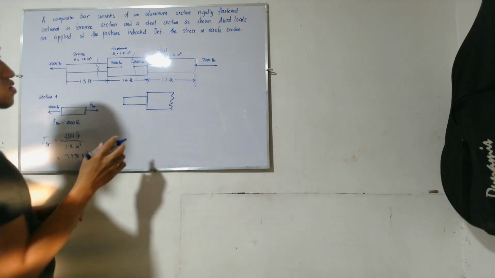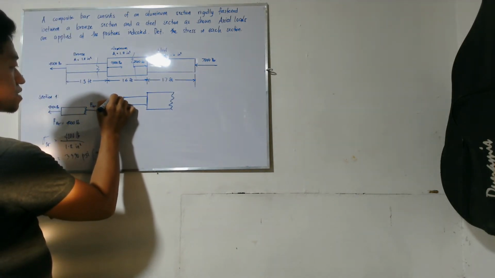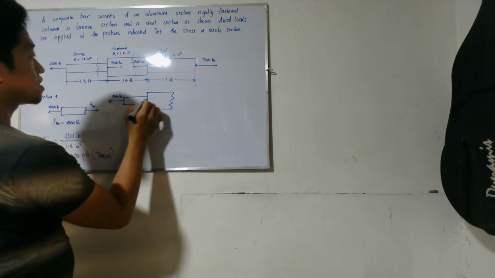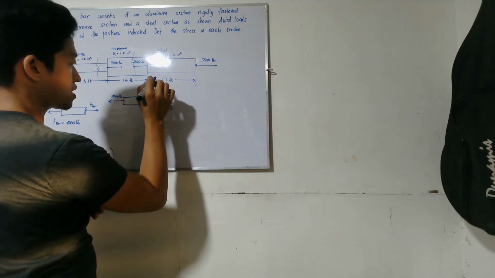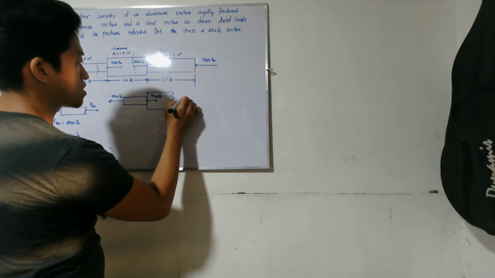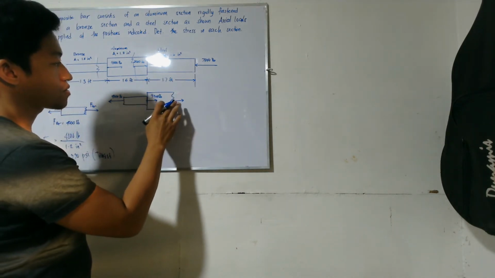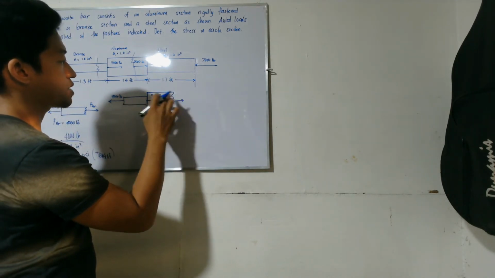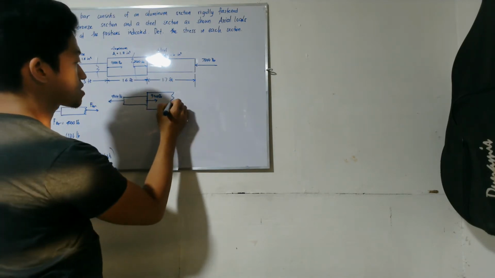So what are the forces involved? You have the 4,000, the 9,000 pounds, and the reaction force. We do not yet know whether it is going left or right. It will become clear later on when we add the forces.